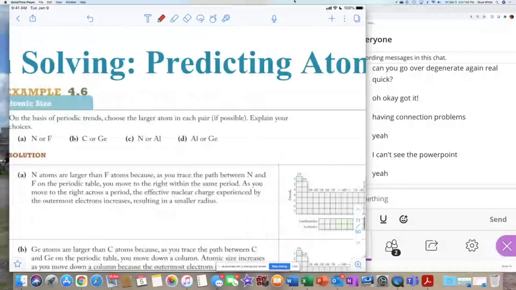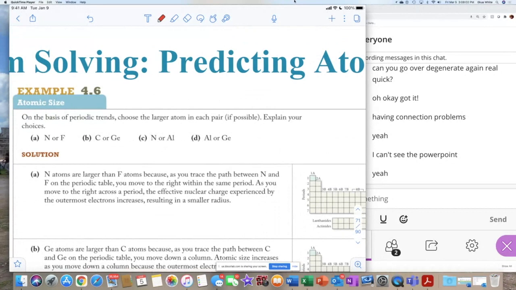So I want to talk about this question and the structure of this question. The way this question is written, you have two levels. They say here, on the basis of periodic trends, choose the larger atom in each pair, if possible. Explain your choices. So you want to choose the larger atom. That's the first part of the question. Simple, pick which is larger. The second one says explain your choices.